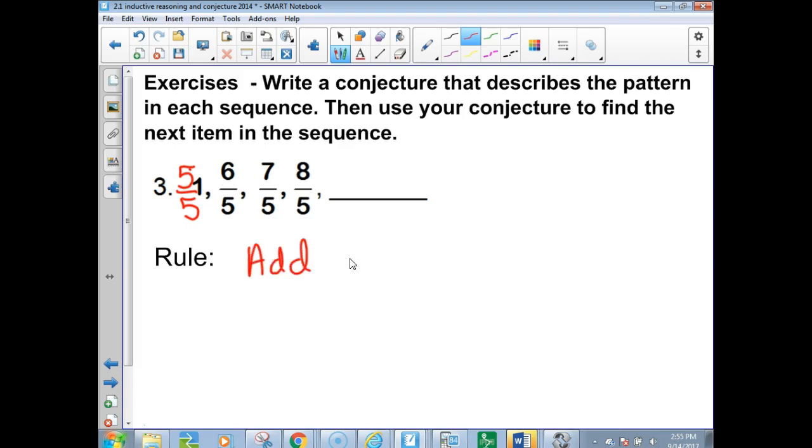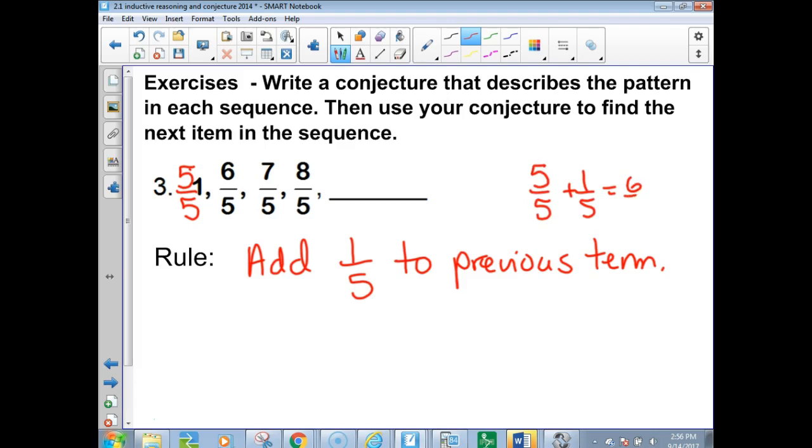Add 1/5 to the previous term to get the next term. Okay, adding a fifth. So here's what he's saying. 5/5 plus 1/5 is equal to 6/5. And if you add 1/5 to 6/5, you get 7/5. So that was the pattern. So the next one is 9/5. A lot of kids aren't real comfortable with fractions, and so they tend to not want to say that. If you were thinking this, good for you.